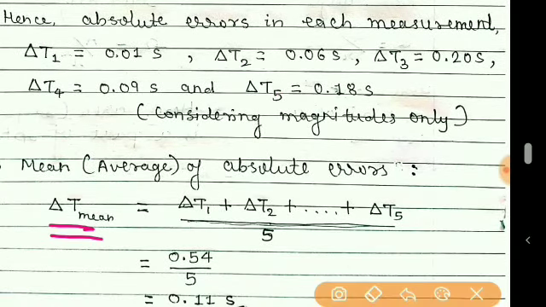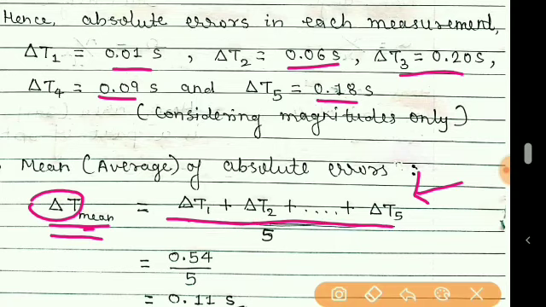So taking the average of these readings, that is considered as delta T mean. So all this is to be added in the numerator and then divided by the number of observations.